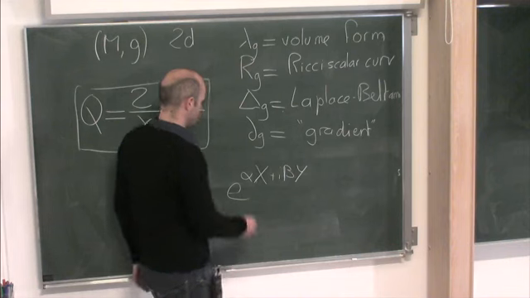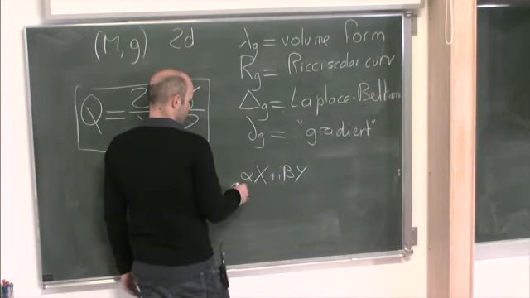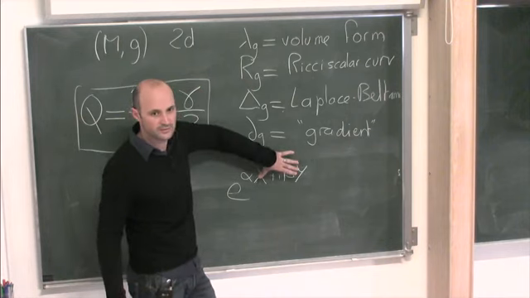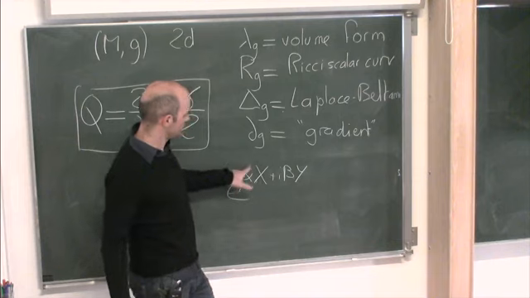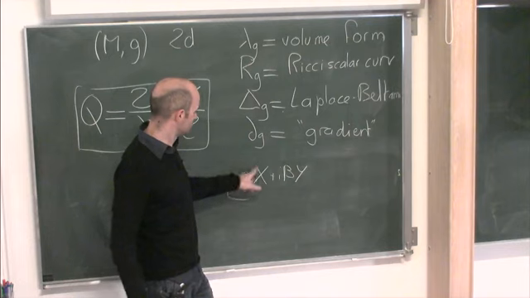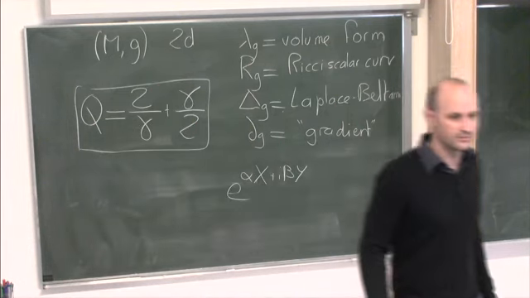So you have 2 independent free fields in the limit, and you require this operator to be conformally invariant. This gives you a relation between alpha and beta, and this relation is exactly the KPZ relation.